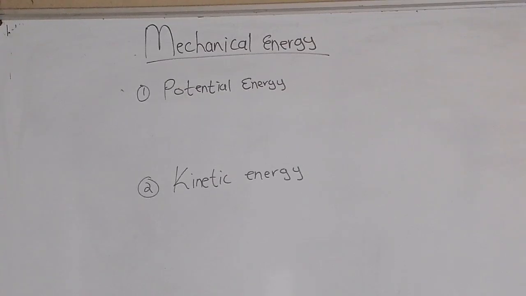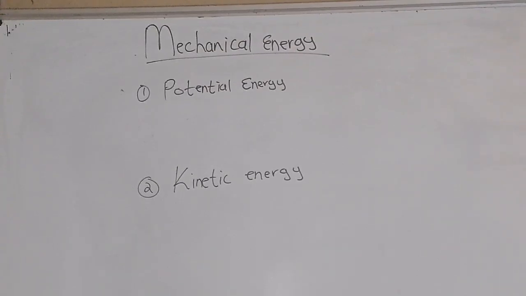Take that first P as if it stands for position, because some learners have noticed that when they are asked to define potential energy, they write the definition of kinetic energy. So since potential energy starts with a P, take that first P as the position. Then when you define it, you say that potential energy is the energy an object has due to its position.